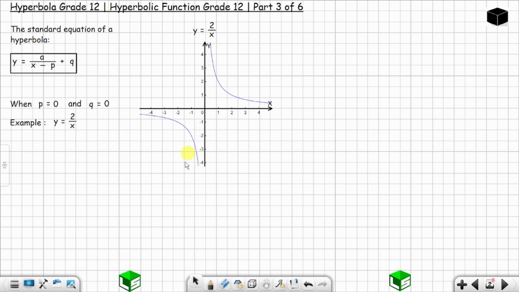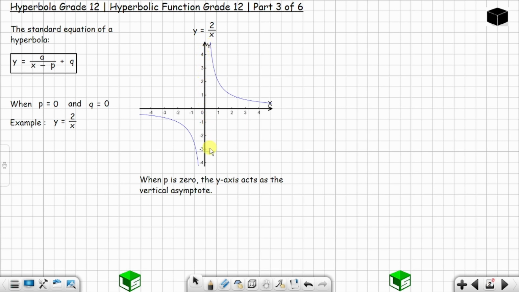In this example, we can see when p is 0, the y-axis acts as the vertical asymptote. You have to understand that the value of p will tell you what your vertical asymptote is. But if the value of p is 0, as in this case, the y-axis acts as the vertical asymptote. You can see this is the y-axis, now acting as the vertical asymptote.